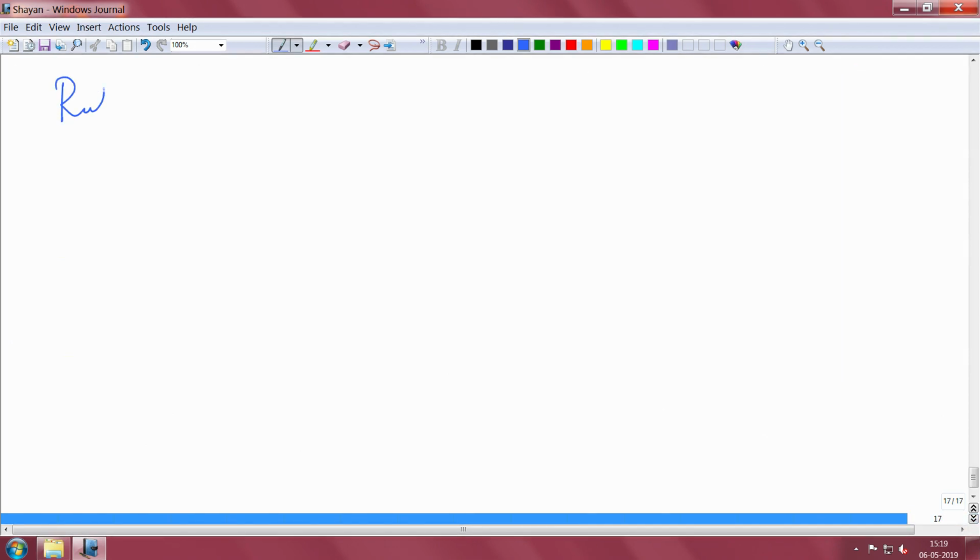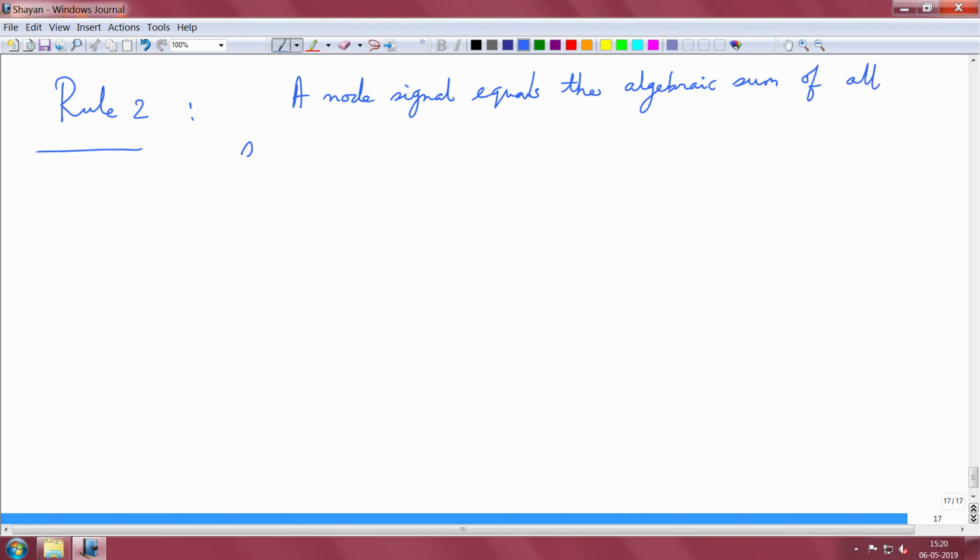We have rule 2. A node signal equals the algebraic sum of all signals entering the node via incoming links.